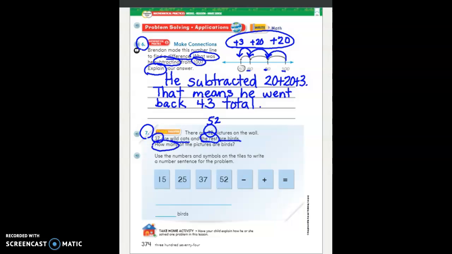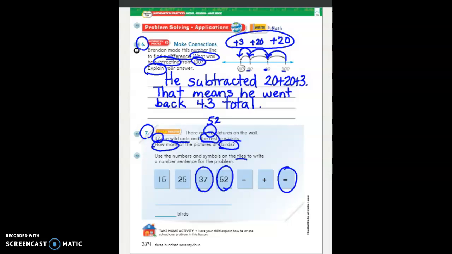So how many birds? And then it says, it's giving us help. Use the numbers and symbols on the tiles to write the number sentence for the problem. Well, first of all, I see 52, so I'm going to make sure I circle that. I see 37. I'm going to make sure I circle that. I know anytime I have a number problem, it's going to have an equals. But I'm not positive what else I need to do yet.